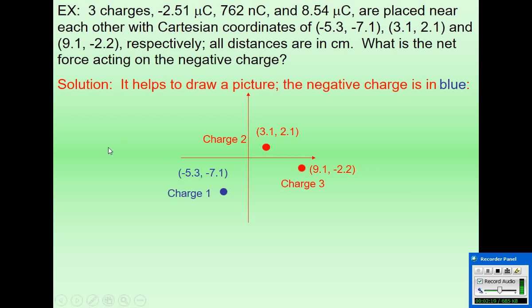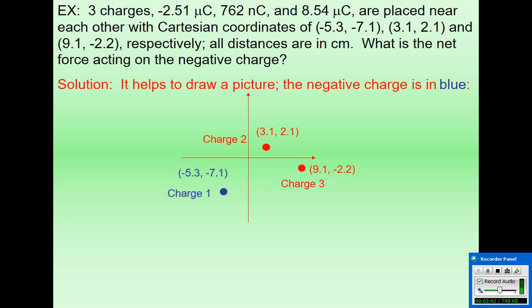And then let's consider the question, what is the net force acting on the negative charge? The negative charge, as I said, is the one that's in blue. Each of those two positive charges exert a force on the negative charge. Now, yes, those positive charges also exert a force on each other. I don't care.